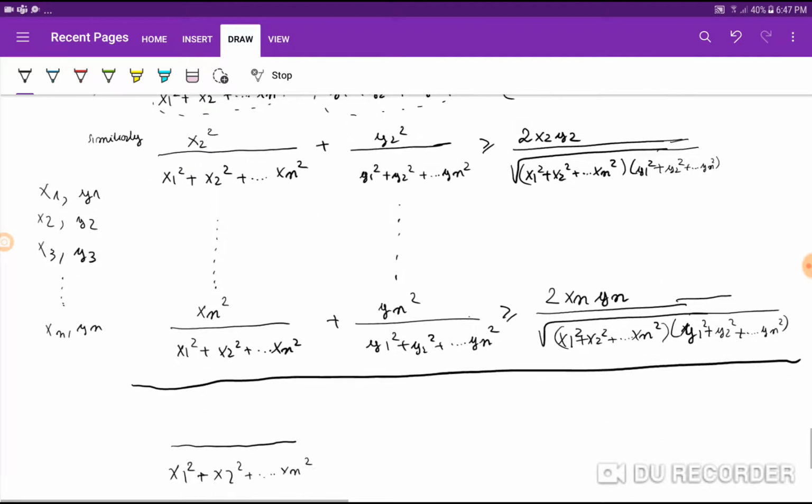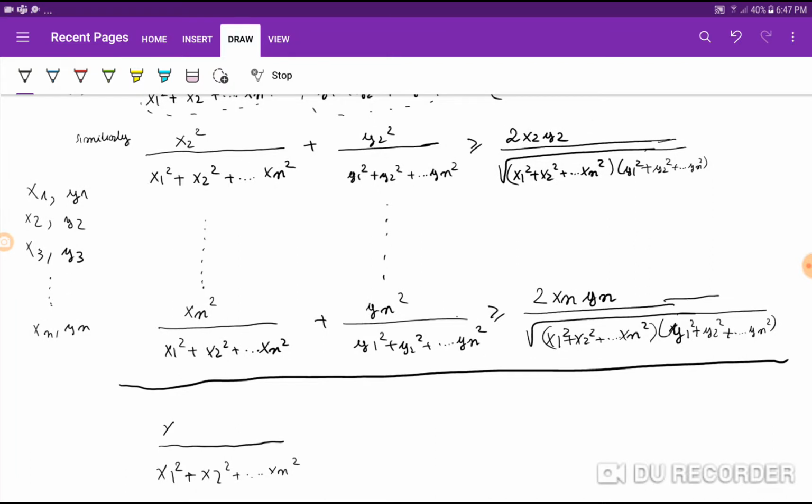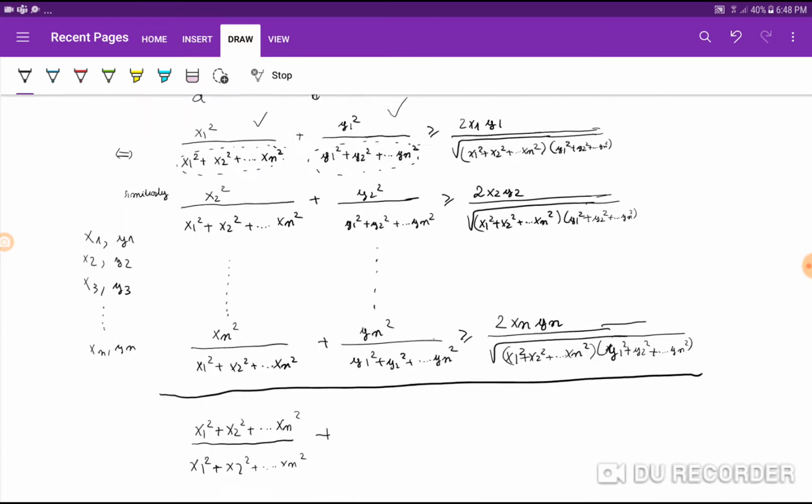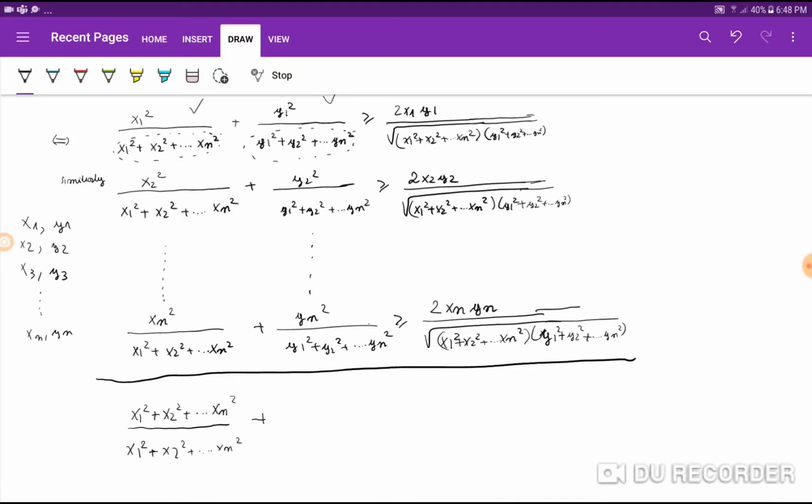And then if you add them together, what you have in the denominator is x1 squared plus x2 squared plus all the way to xn squared. This guy right here, let me write small. If you add them, it will be similarly y1 squared plus y2 squared plus all the way to yn squared over y1 squared plus y2 squared plus all the way to yn squared.